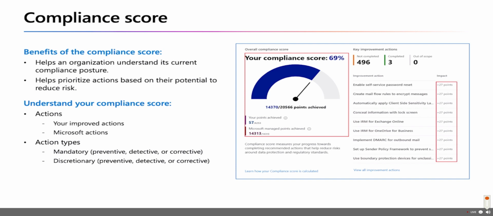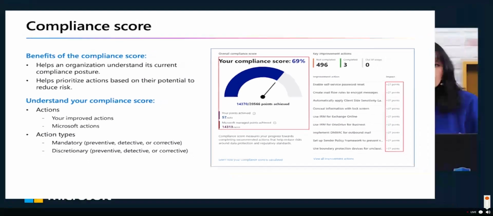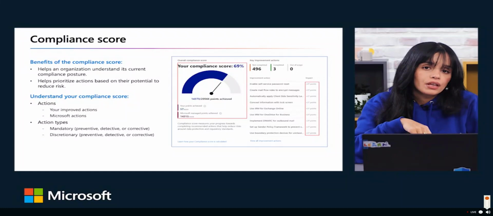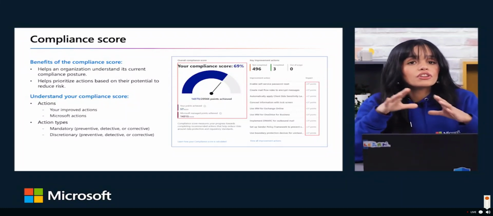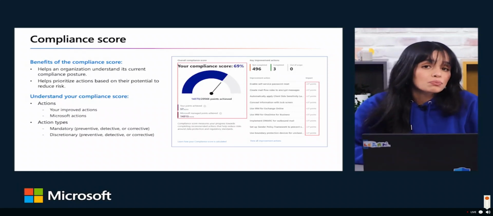So what is the difference between Compliance Manager and the compliance score? Compliance Manager is an end-to-end solution in the Microsoft Purview Compliance Portal to enable admins to manage and track compliance activities, while the compliance score is a calculation of the overall compliance posture across the organization.